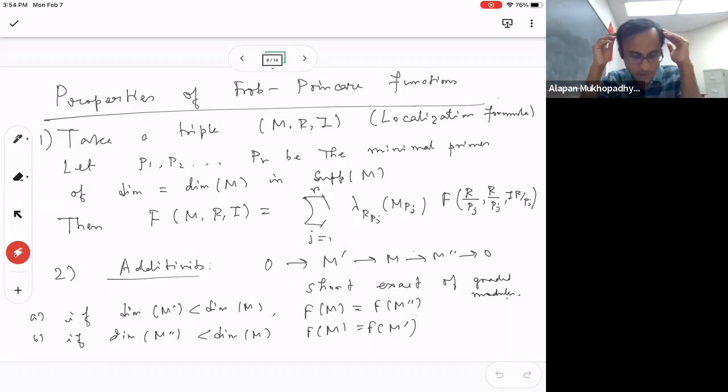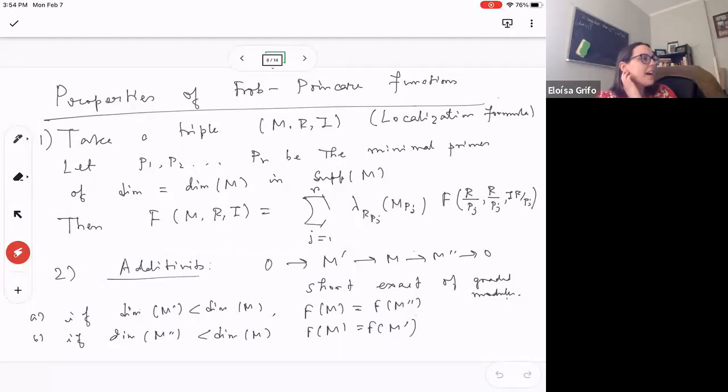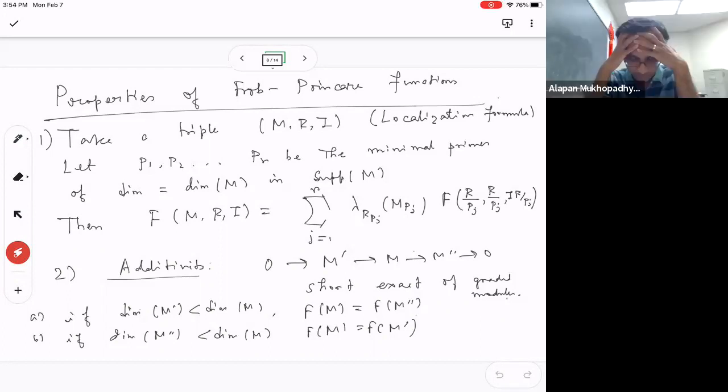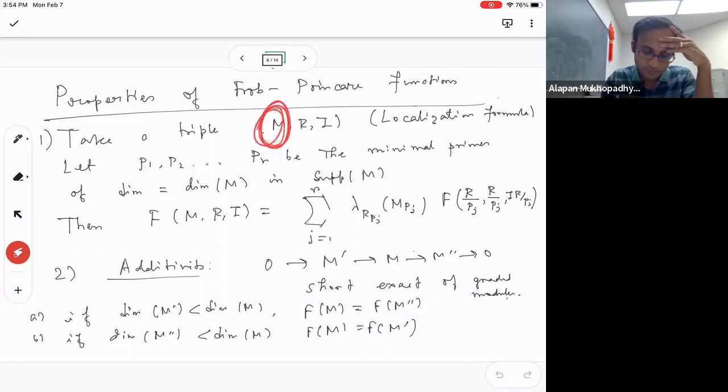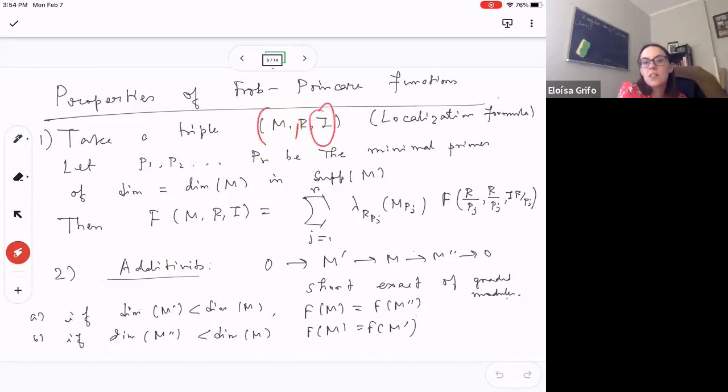Wait, I didn't quite understand the question, but let's say that I is like, you look at all its primary components and just take the primary components of the minimal heights. Right. So that's what I mean by the minimal part of it. Yeah. So you're looking at the module itself, M itself, right? Not the ideal. Right.